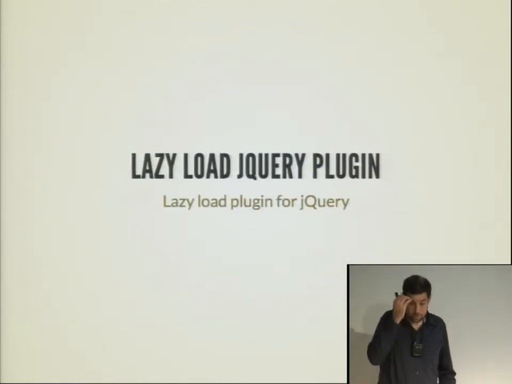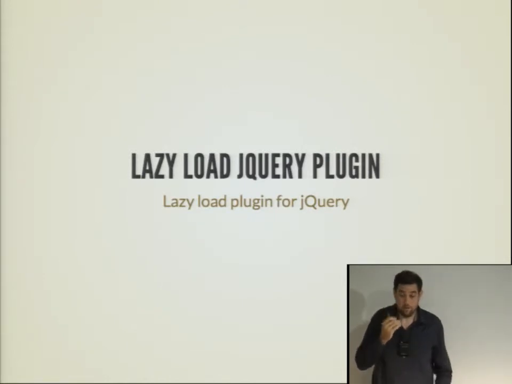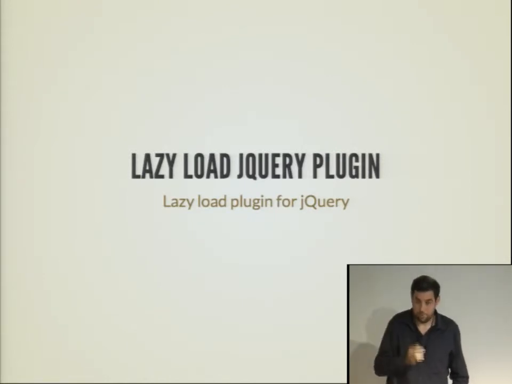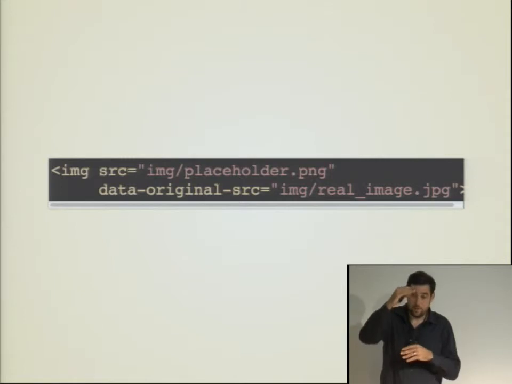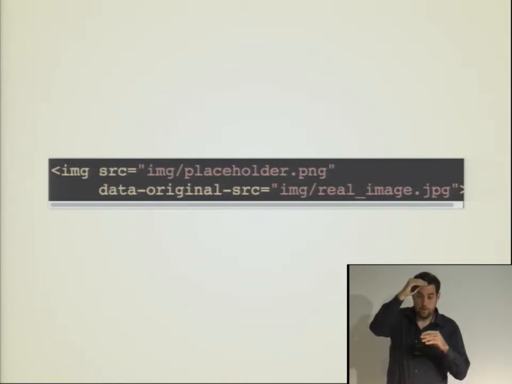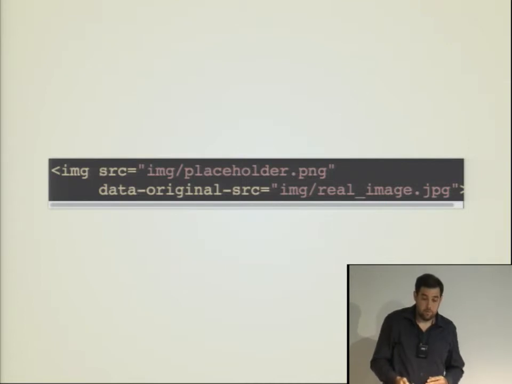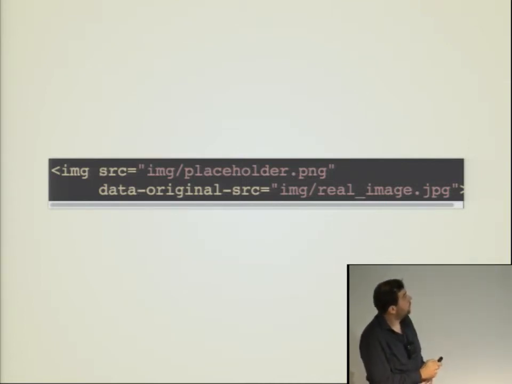So we used the lazy load jQuery plugin. Luckily for us, for almost everything there is a jQuery plugin, and what it basically does is define an area like the viewport plus some additional pixels, which I think is 400 at the moment, and for images which are outside this area, it replaces the image source with a placeholder.